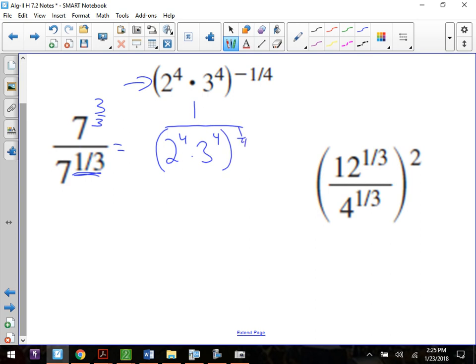Then what do I do with that 4th on the outside? Distribute in. 4 to the 4th is how much? So it's 4 to the 4th is 1, because you do power to power, so 4 times 1/4 is 1. So your denominator becomes 1 over 2 times 3, 1/6.